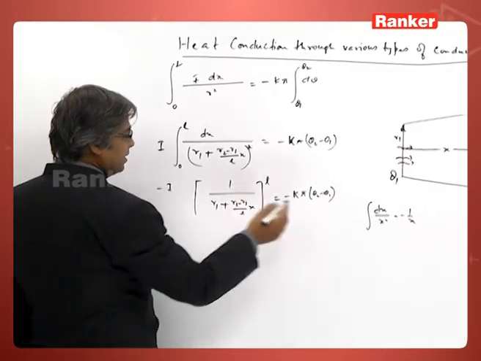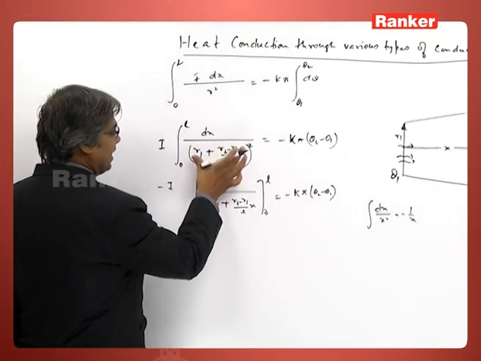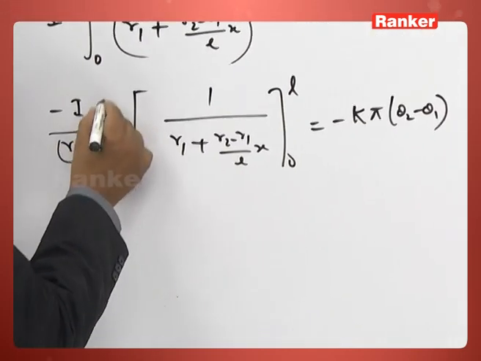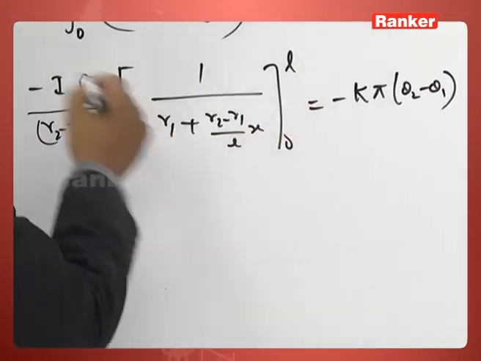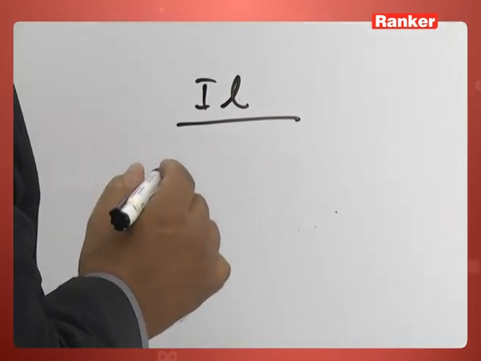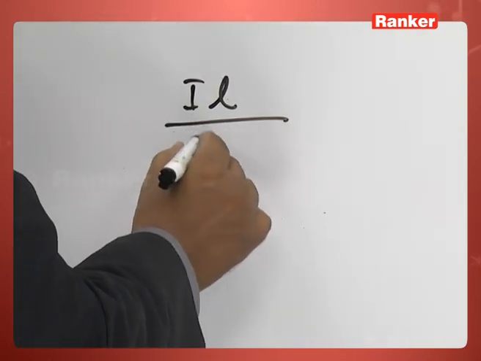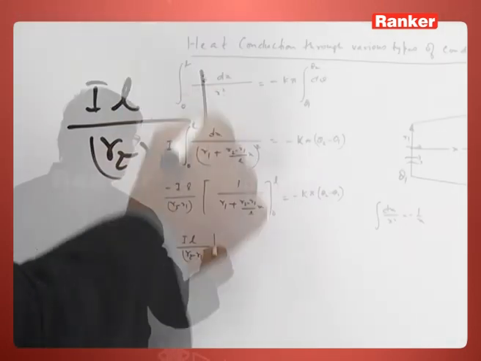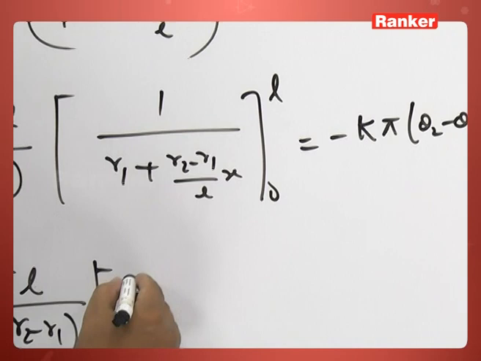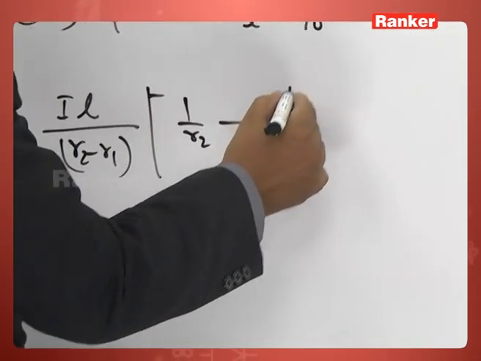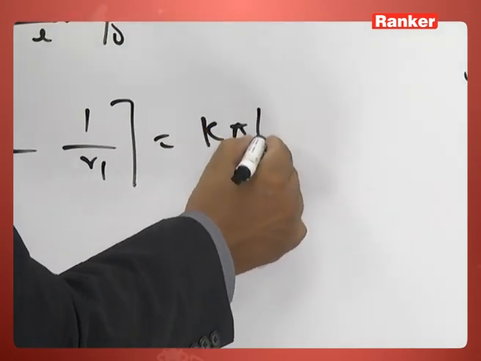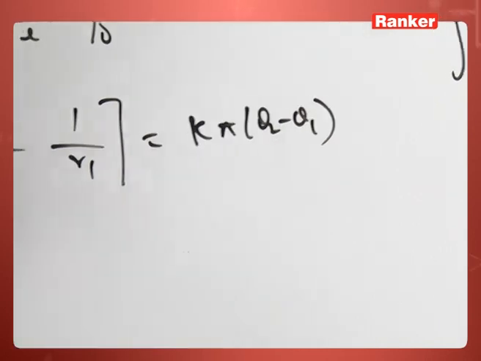Now, this is x square, but here there is a function of x, so its coefficient must be divided: (R2 minus R1) by L. The minus minus cancel, I have I L by (R2 minus R1). Then we first put L, L cancels, R1 cancels, I will have R2, then minus 1 by, we put 0, we get R1, equal to k pi (theta 2 minus theta 1).